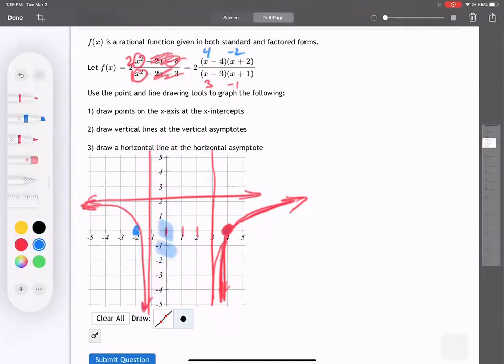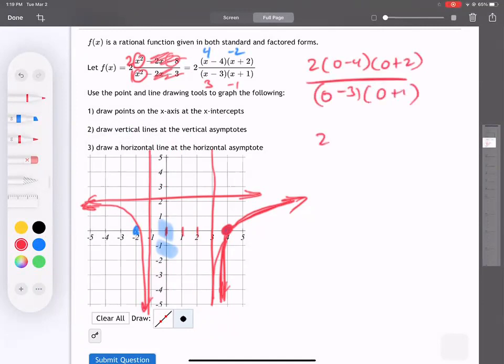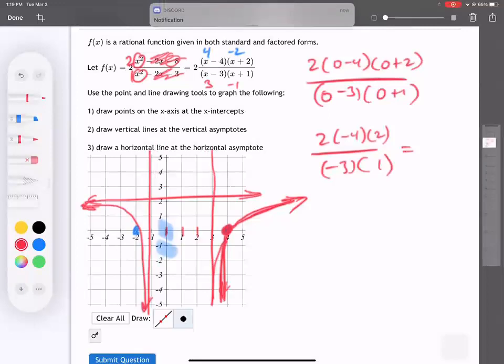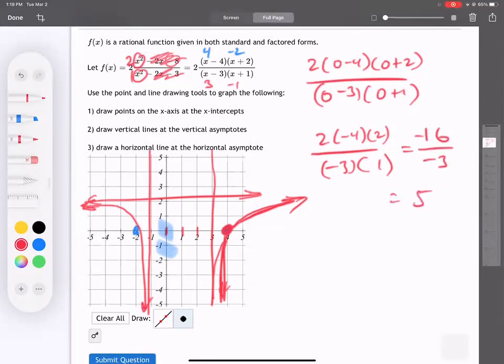Let's plug in 0. 2 times 0 minus 4, 0 plus 2, 0 minus 3, and 0 plus 1. So that's 2 times negative 4, 2, negative 3, and 1. This is going to be negative 16 over negative 3. This is positive 3 goes into 16, 5.33. You're up here.